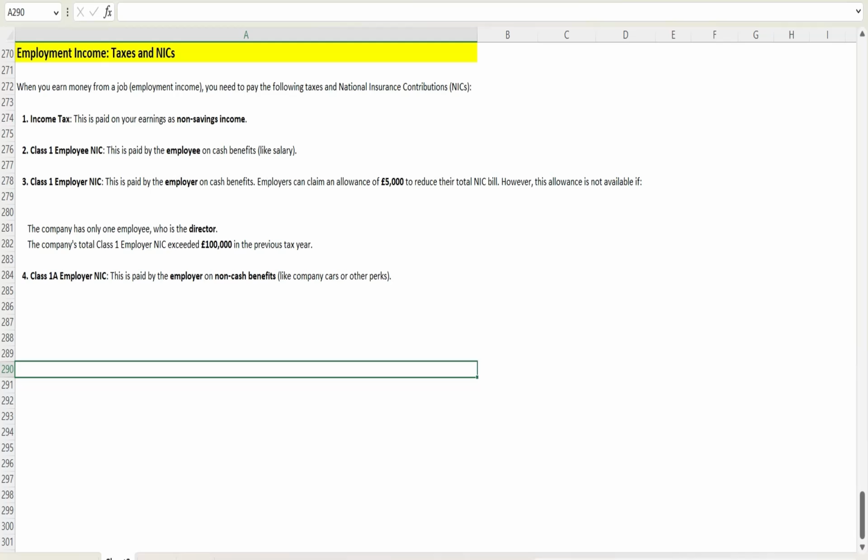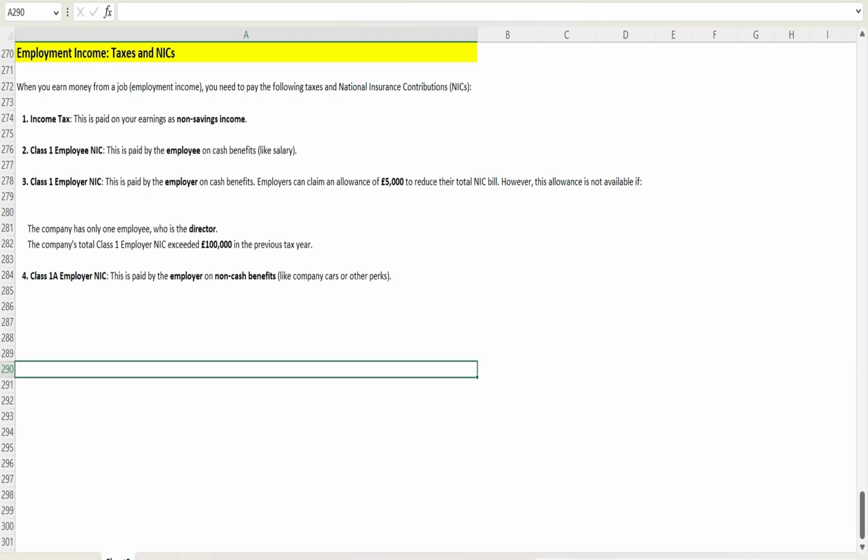When we are earning money from a job, whatever amount we get from our employer, the so-called salary, we have to pay certain tax on that amount. In the UK, basically I'm talking about the UK. First of all, employment income is categorized under the non-saving head.